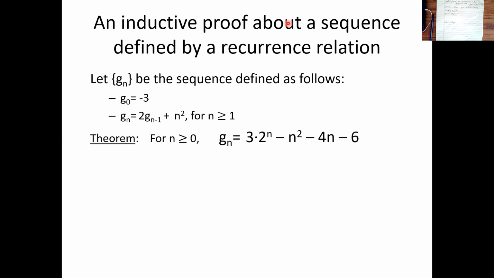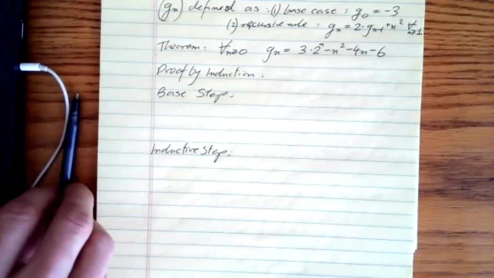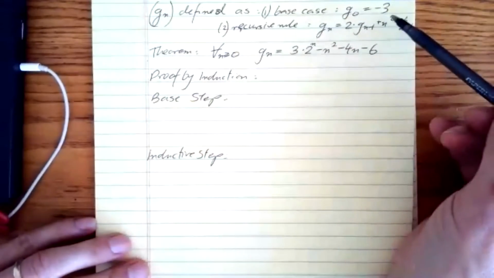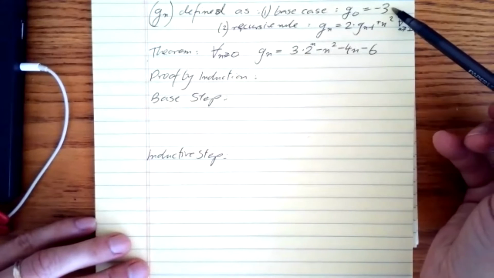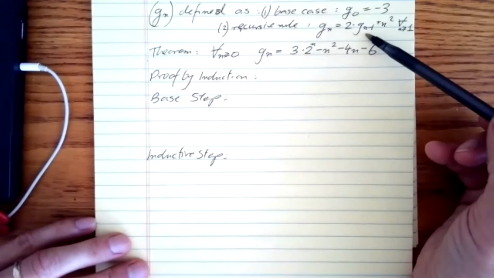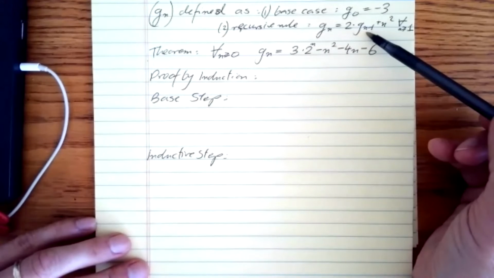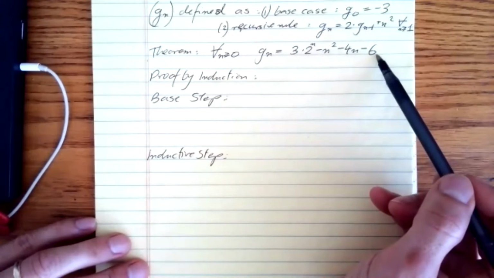recursion. So here I have it on my board. Again, Gn is a sequence defined recursively using a base case and a recursive rule, the recurrence rule. And here is the closed formula I claim is correct.